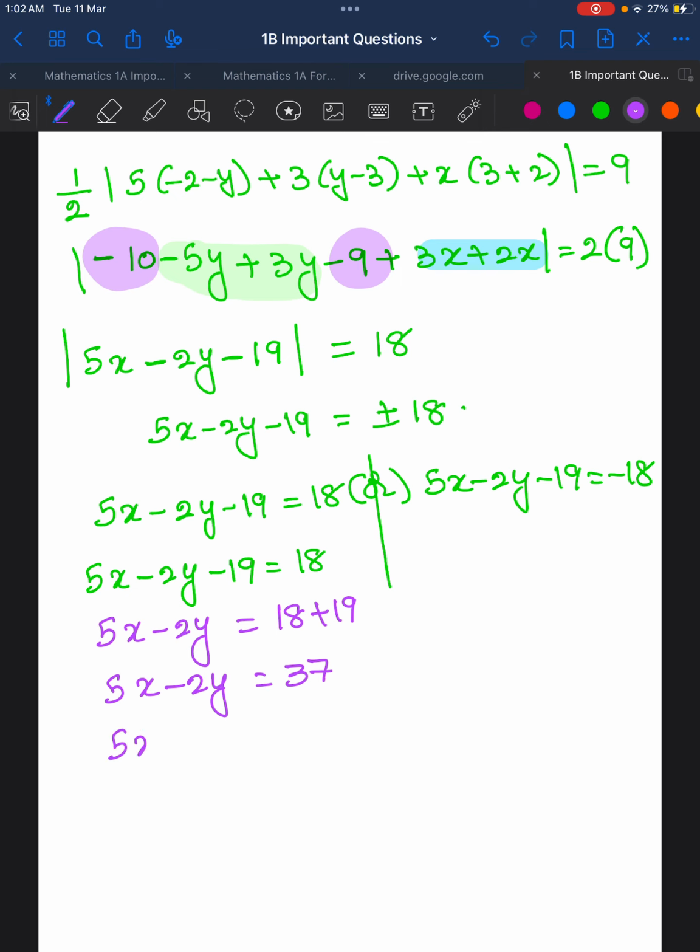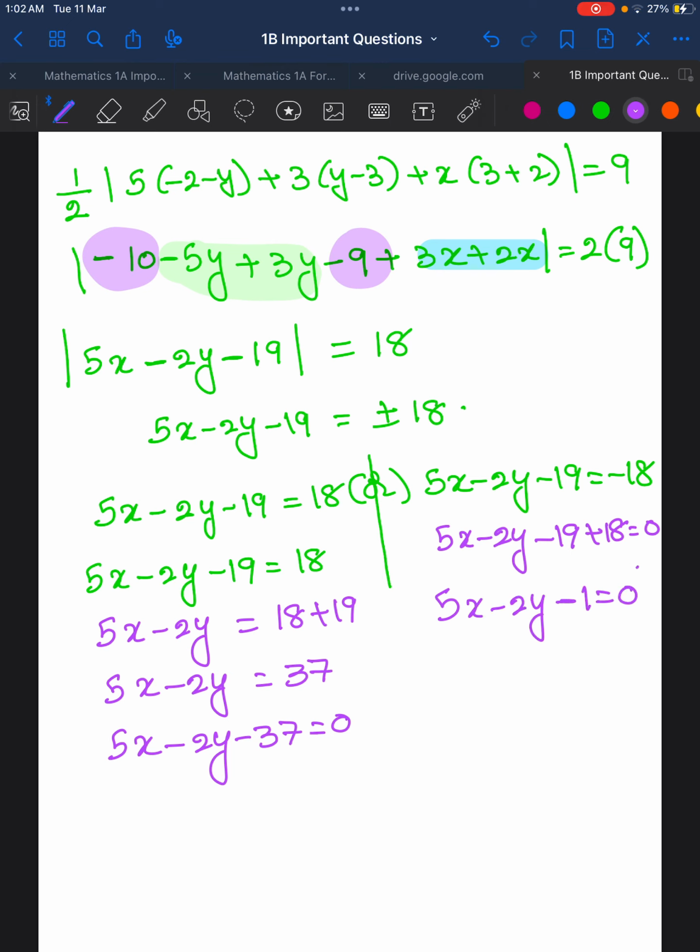So this is 5x minus 2y minus 37 is equal to 0. Okay. Similarly for the next one, here this is 5x minus 2y minus 19 is there. If you take this to the right side, it will become plus 18 is equal to 0. Any doubt to anybody? This is very easy thing.